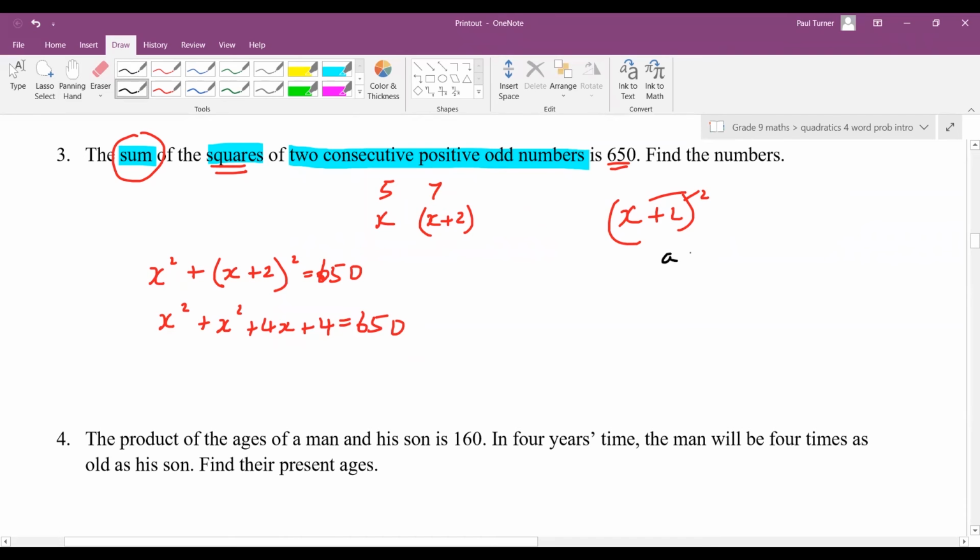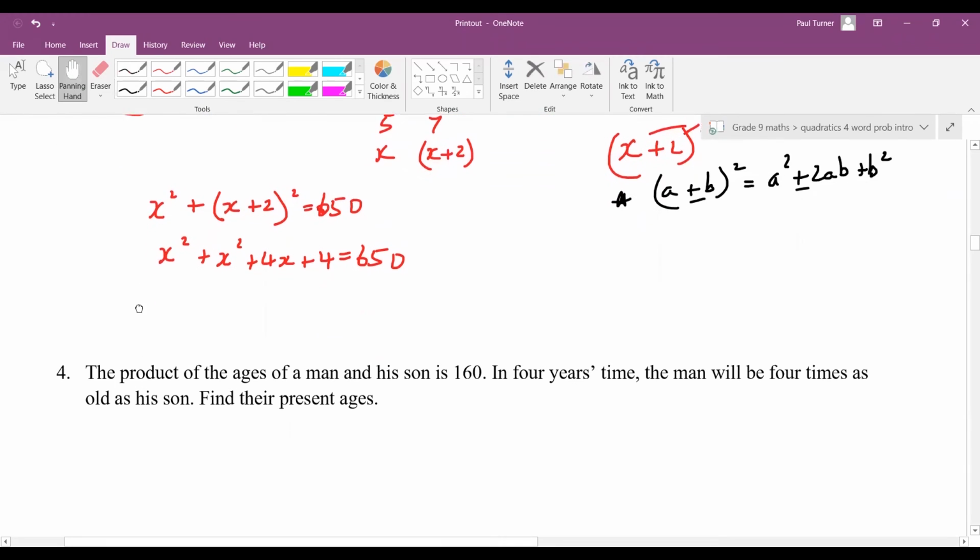So remember a plus b squared is a squared plus 2ab plus b squared, and if that's minus, that would be minus. Keep that in your mind. So we can write that out as 2x squared plus 4x minus 646 equals 0. The numbers are pretty big, so why don't we divide everything by 2 now, like before?